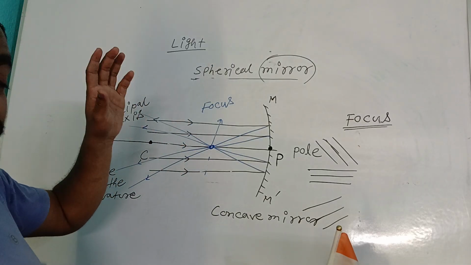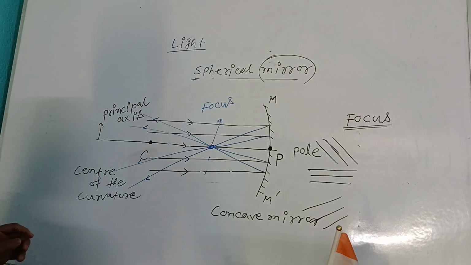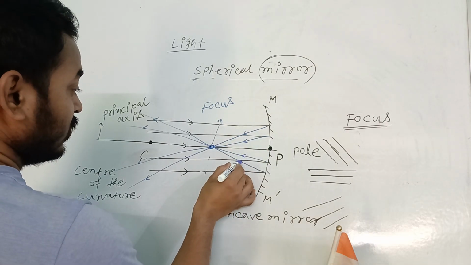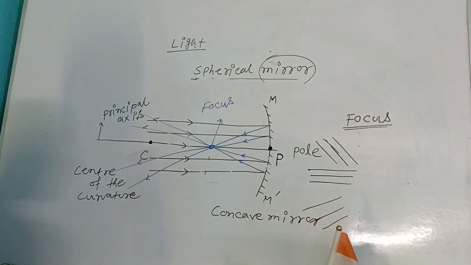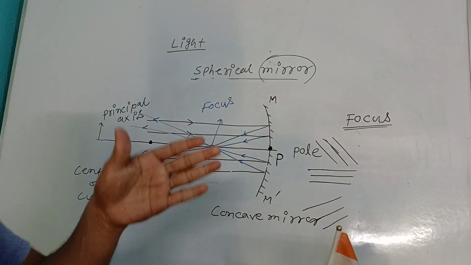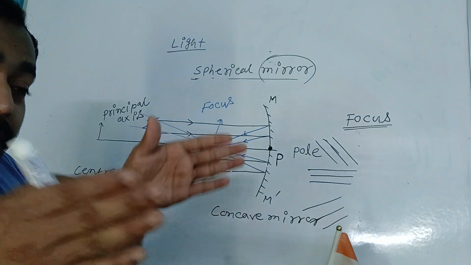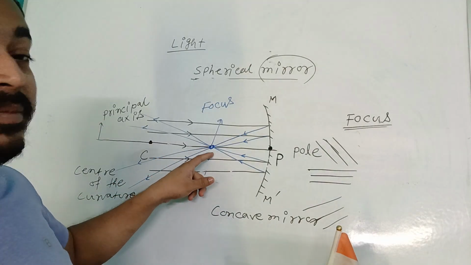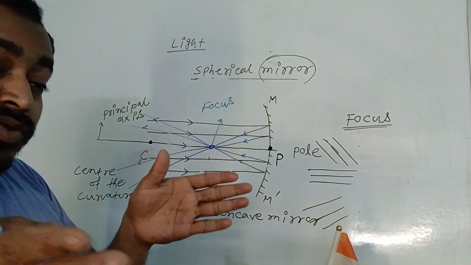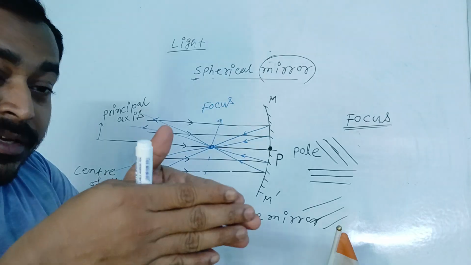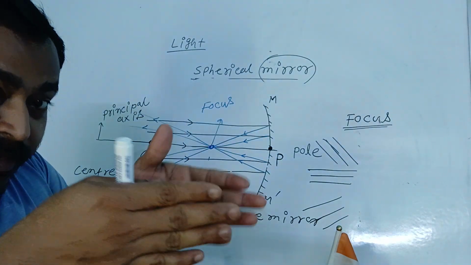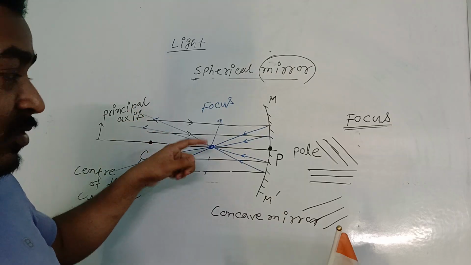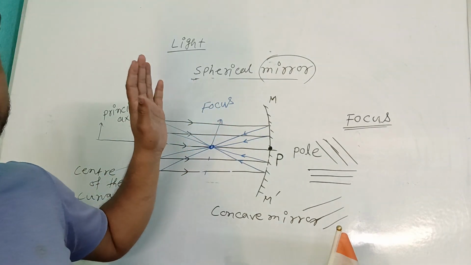So all the rays are passing through a common point. They are concentrating and converging at a single point. That is why this name is given: focus.